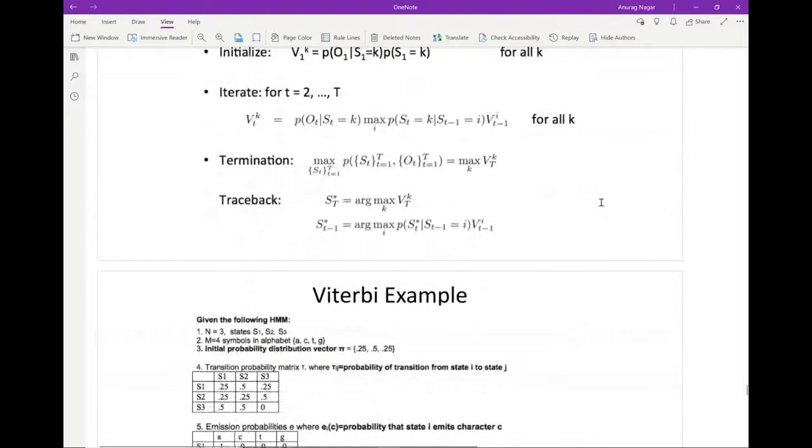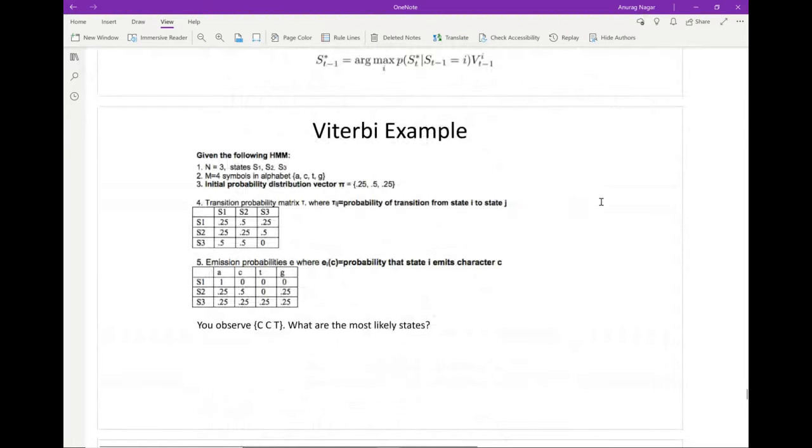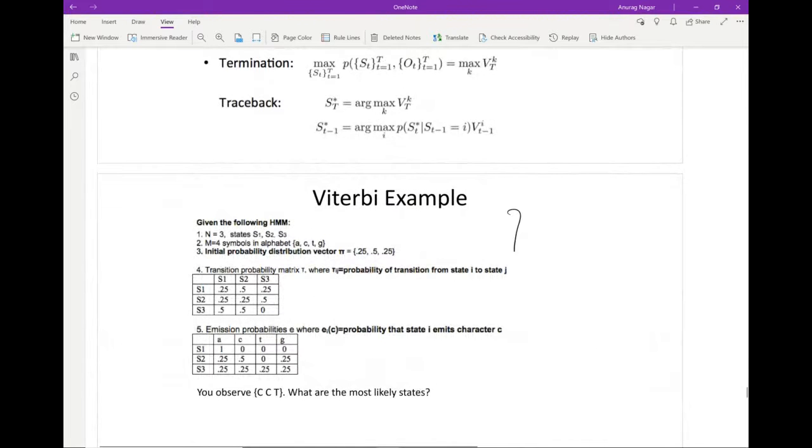So in Viterbi, what you do is this. Suppose this is an example. In this example, there are three states: S1, S2, S3. This is the set of states.